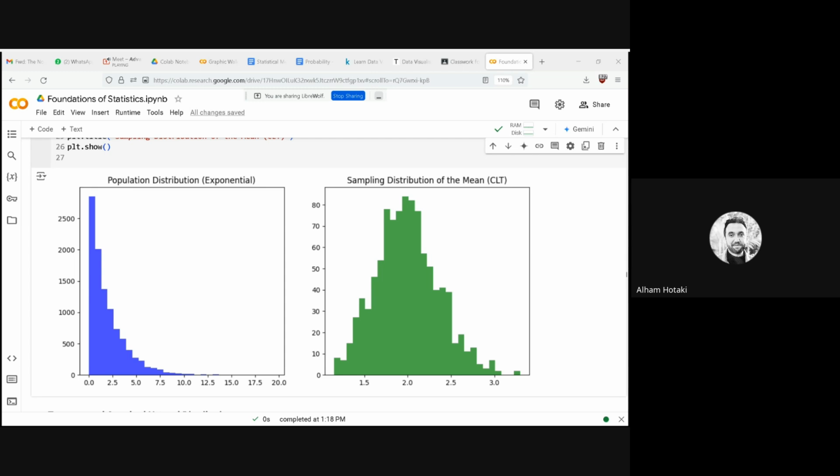It is a very simple thing. There is no need to be very complex about it. Whenever you look at it, it is a type of law of large numbers. That's it.